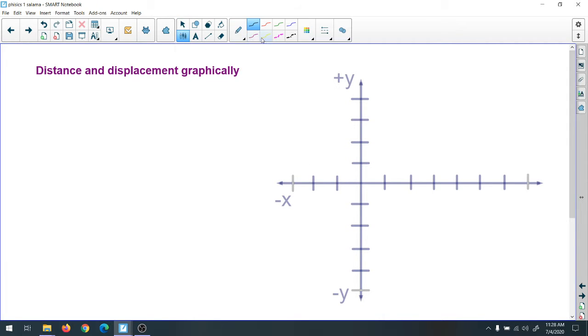So you and me, we will figure out locations here for different points.